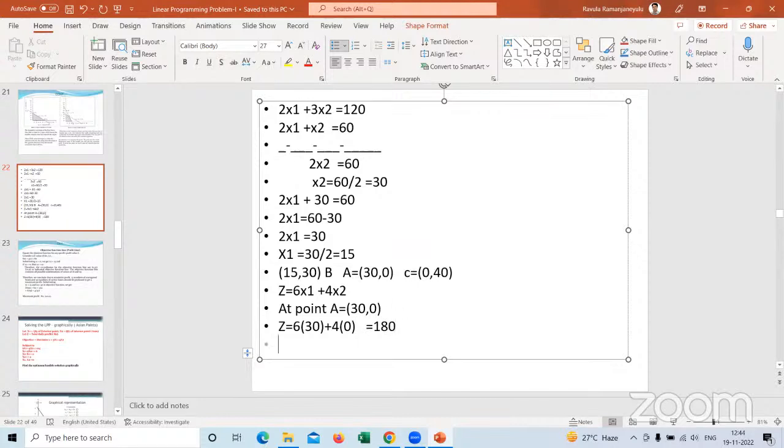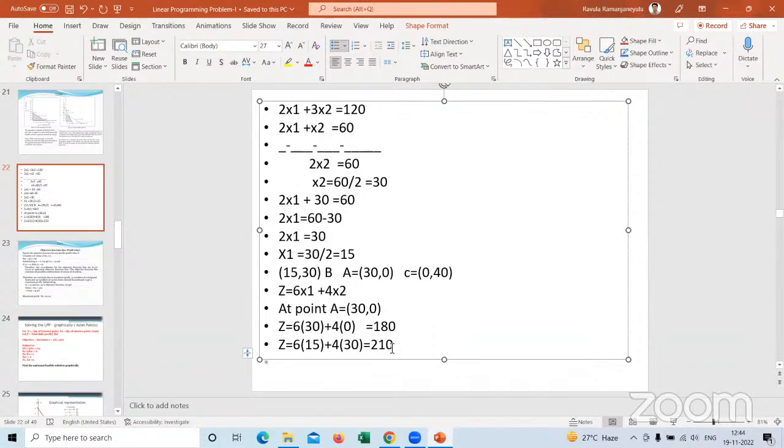Similarly, at point B, where point B is 15 comma 30, Z equals 6 into 15 plus 4 into 30. How much will you get? 15 times 6 is 90, and 30 into 4 is 120. 90 plus 120 is 210, right?